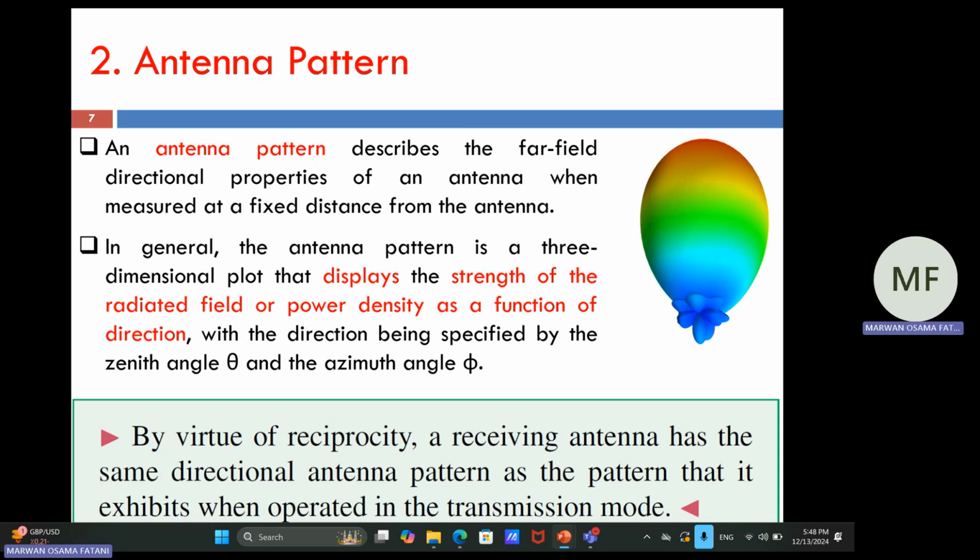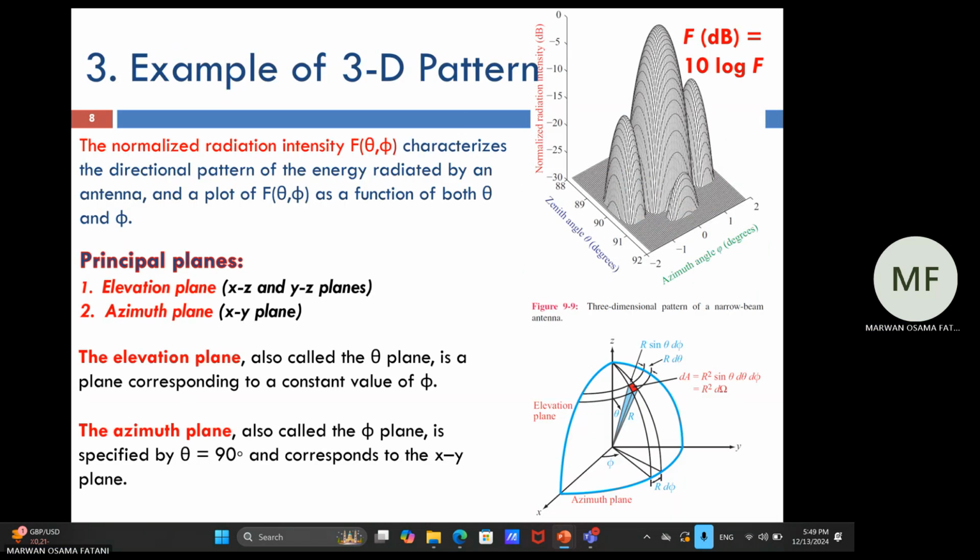And the 3D representation shows the strength in every direction with different colors. So we have the normalized radiation intensity, F theta phi, the directional pattern of energy radiated by an antenna.